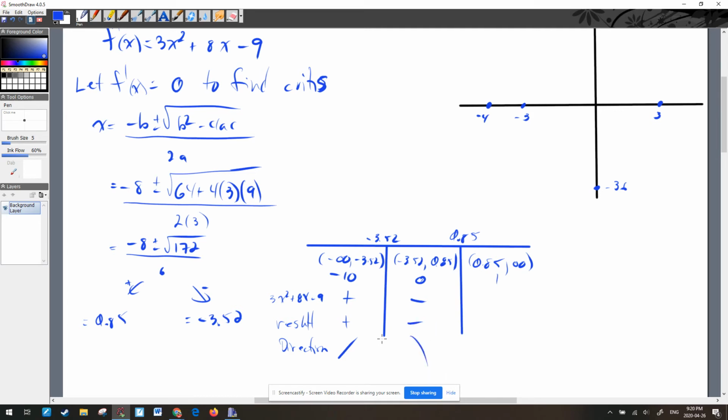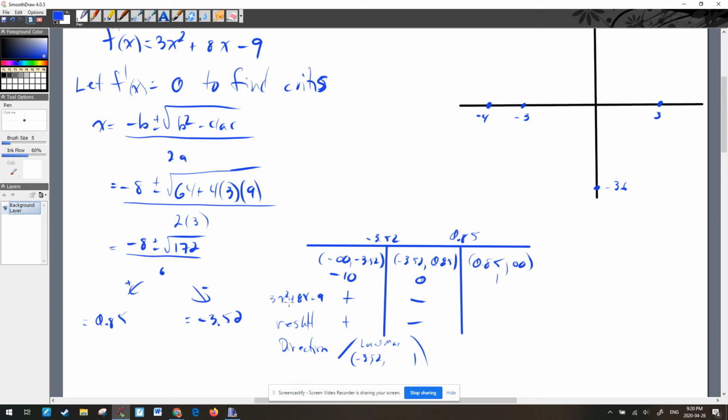So what we have found here is we know that this must be a local max, because it's increasing, zero slope, decreasing. It is a local max. So the local max is at negative 3.52, comma, whatever the value is when I put that into the original function. Similarly, over here, we put in 1.